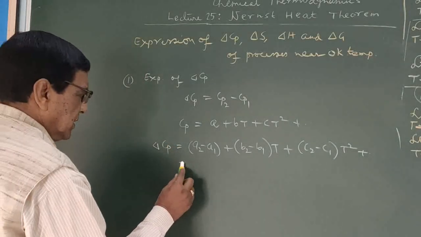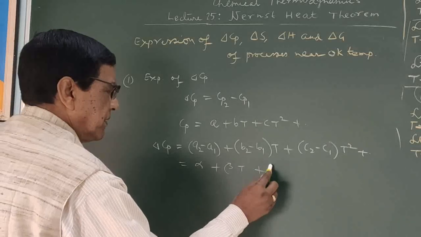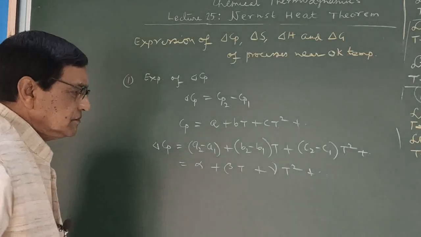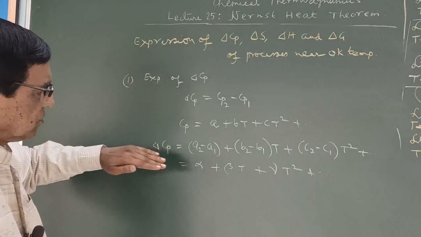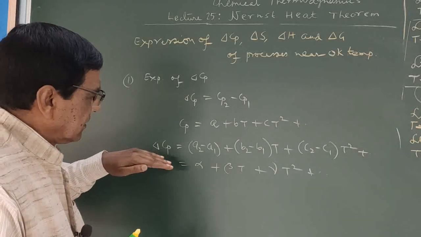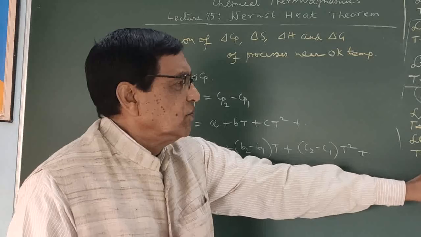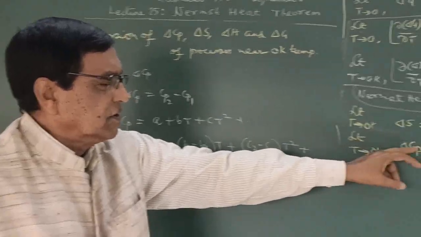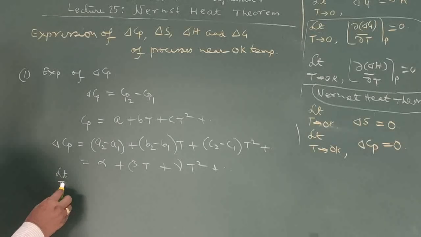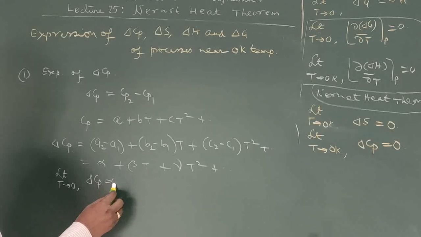And this one we can write as alpha plus beta T plus gamma T square plus dot. If we like to comply this relation with these consequences, then as limit T tends to 0, del Cp equal to 0.